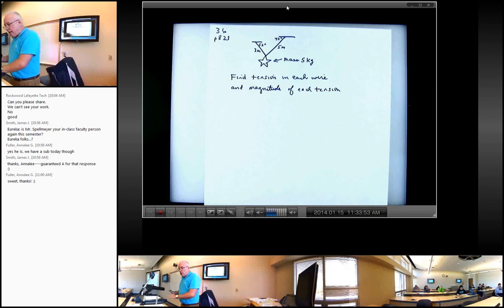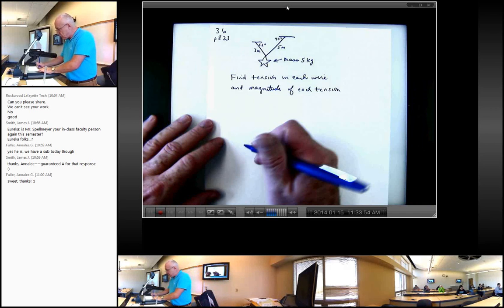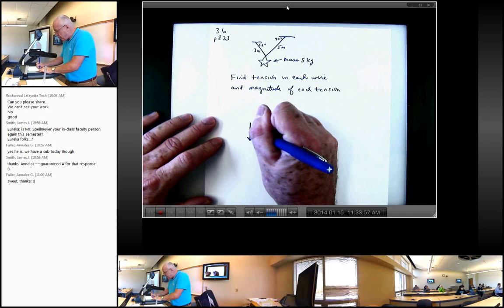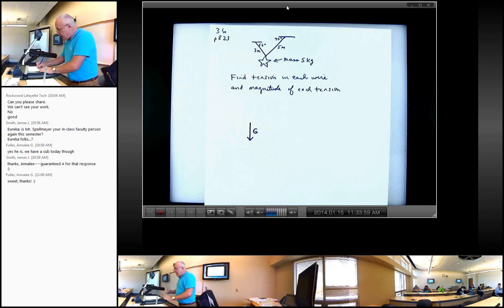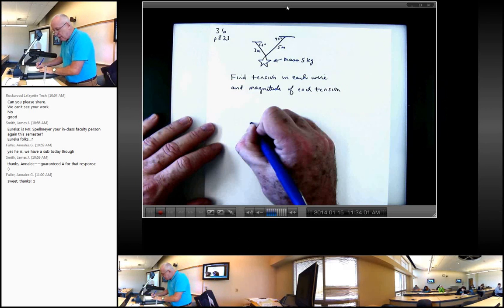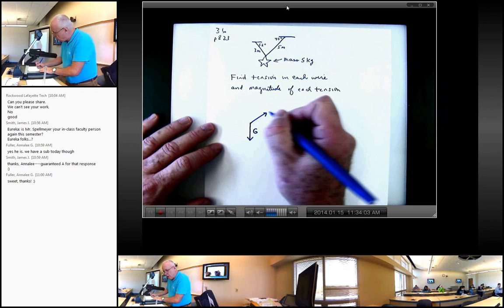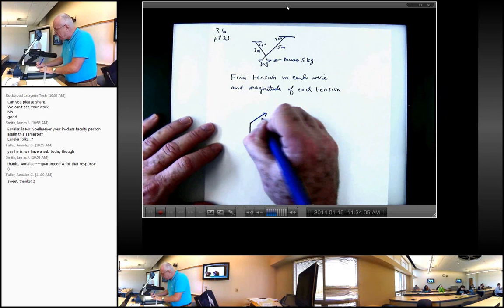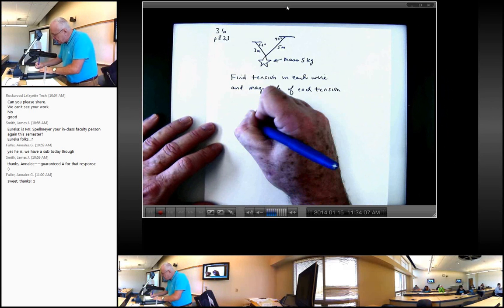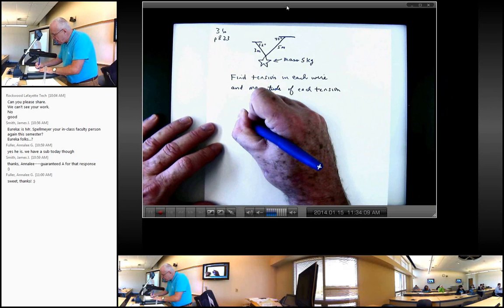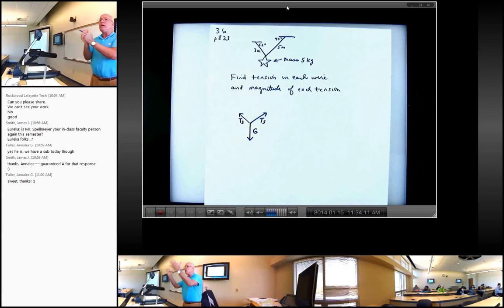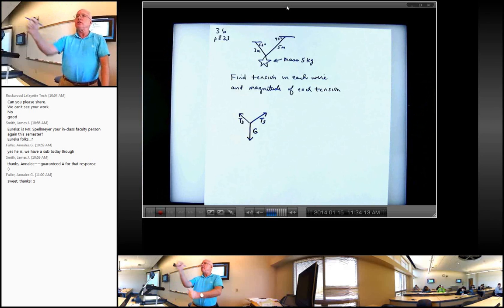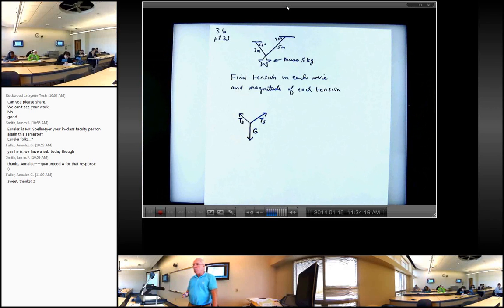So what we have going on this star is this: gravity going down, and then tension going this way, and tension going this way, and those all balance each other so that this thing doesn't move, all right?